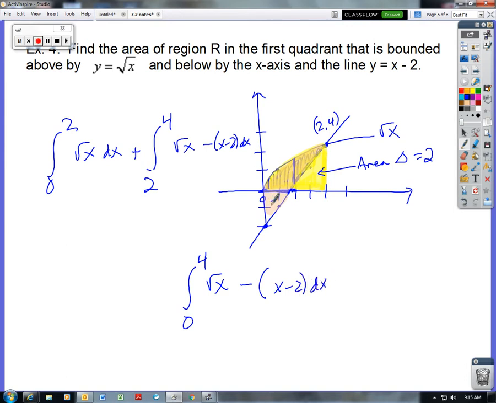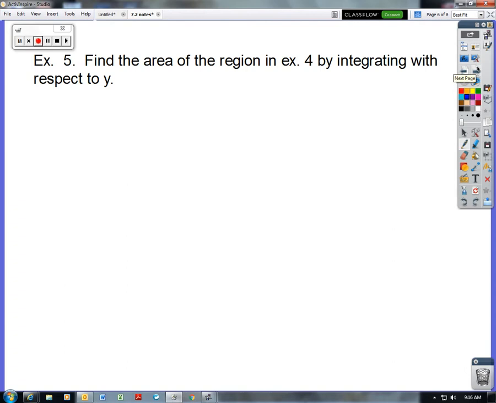So that gives you that flesh-colored region. But then you have to subtract this area, which again is going to be 2, because it's a 2 by 2 triangle there. So you'll be subtracting 2 there. So there's 3 ways right there that you could have done this problem.